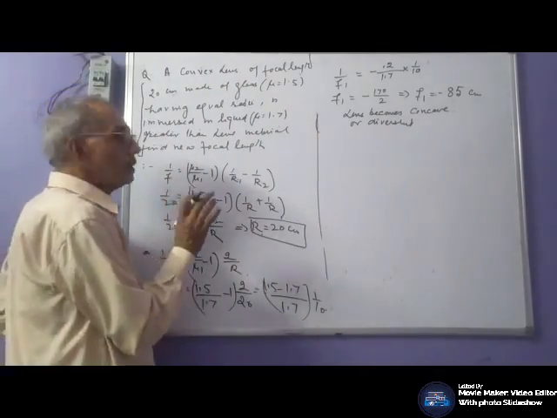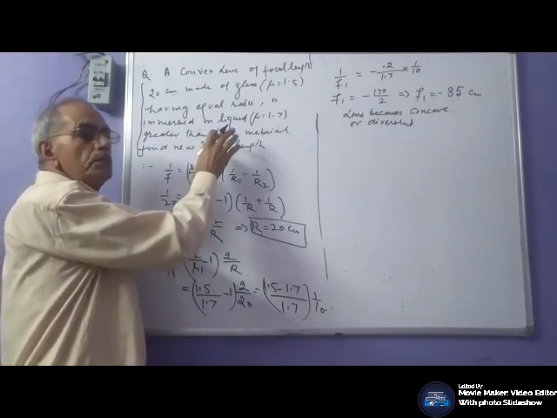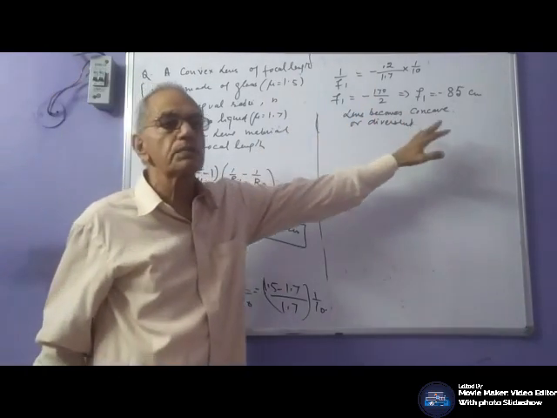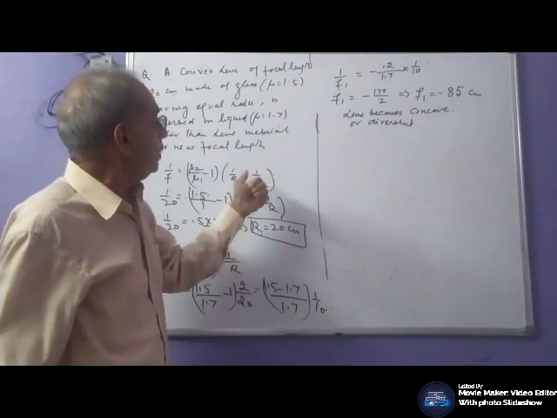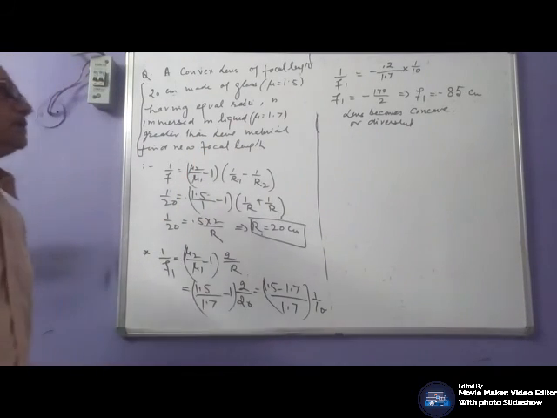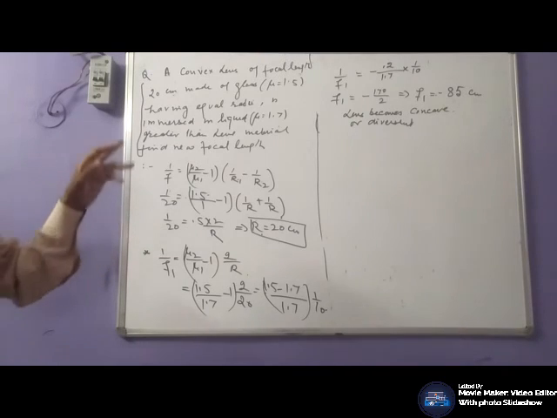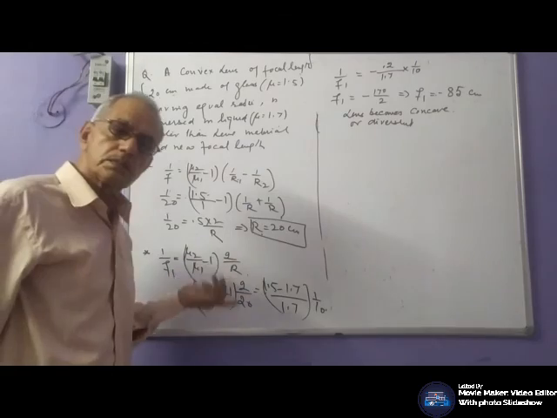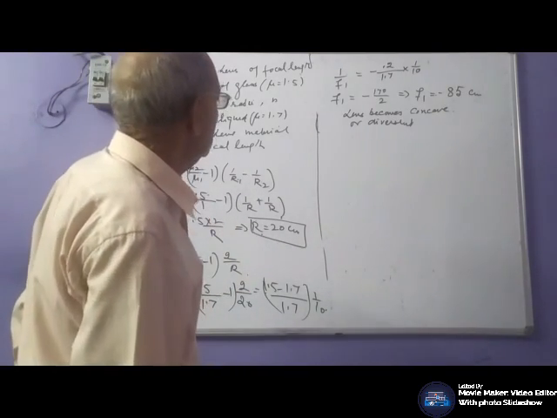But if the liquid has less mu than lens material, focal length remains positive and nature won't change. If it is immersed in a liquid greater than lens material, focal length will increase, but nature will change. If the lens is convex, it will become concave. If the lens is concave, it will become convex.